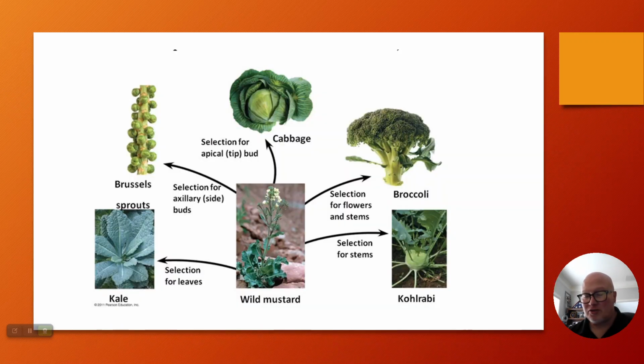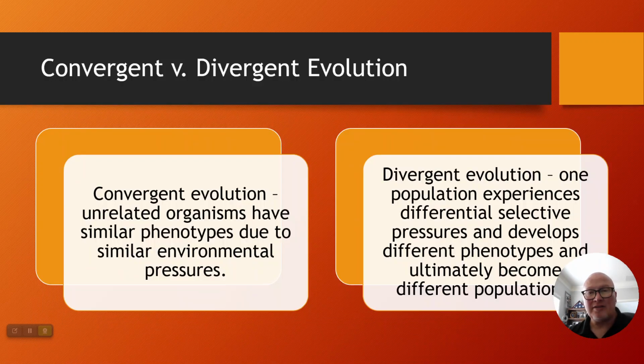So that's artificial selection. So let's think about evolution moving in particular ways. We have convergent and divergent evolution. Convergent evolution is when unrelated organisms have a similar phenotype because of similar selective pressures. For instance, fish, like a trout, and a dolphin, which is a mammal, have a similar body shape.